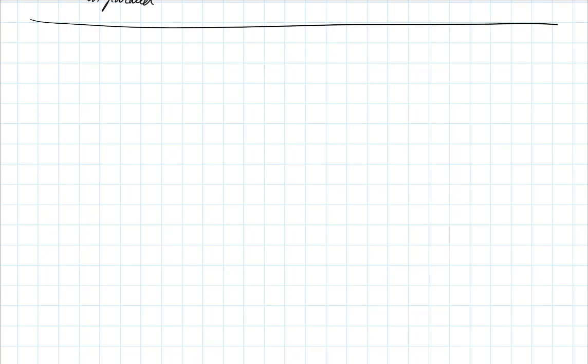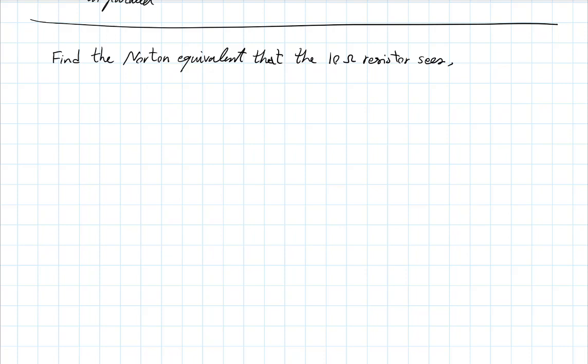Okay, so now I want to do an example of a Norton equivalent. So find the Norton equivalent that the 10 ohm resistor sees using superposition.